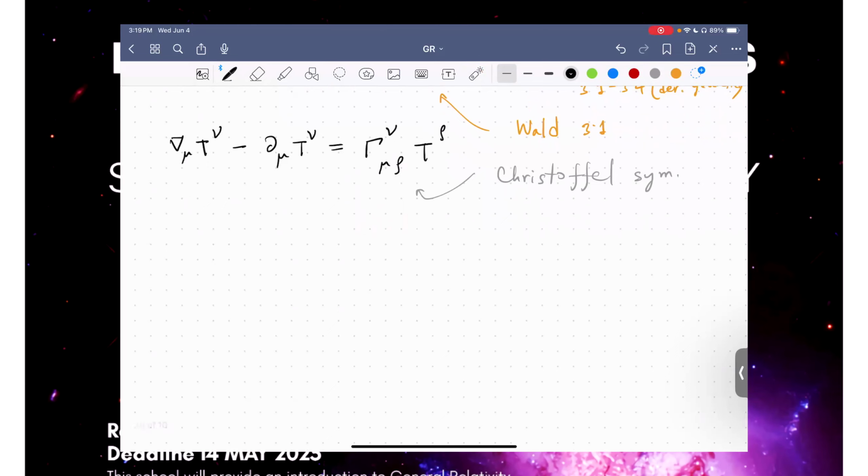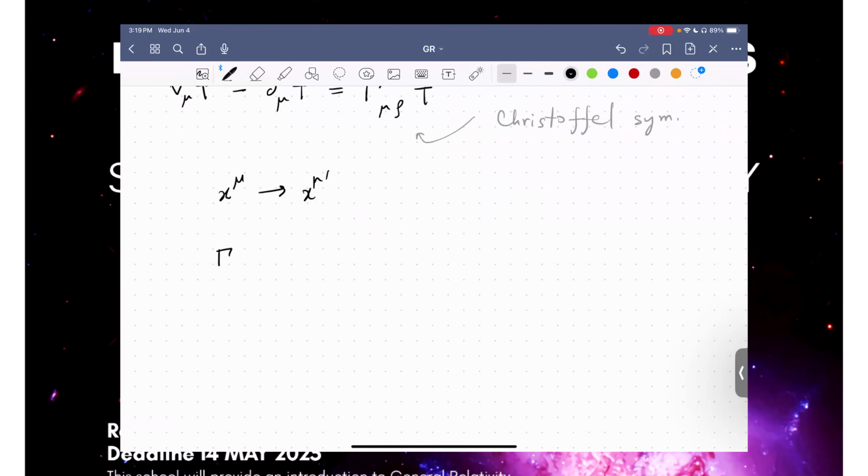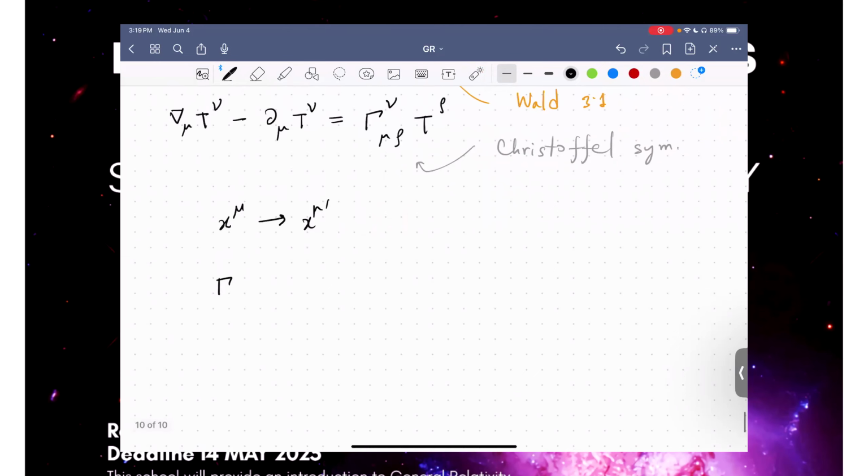Maybe I can just mention something. Let's say that we are changing coordinates from x mu to x mu prime. So in the new coordinate system, you have these Christoffel symbols, with mu prime, lambda prime, and they are related to the old coordinate system by something that is completely tensorial.